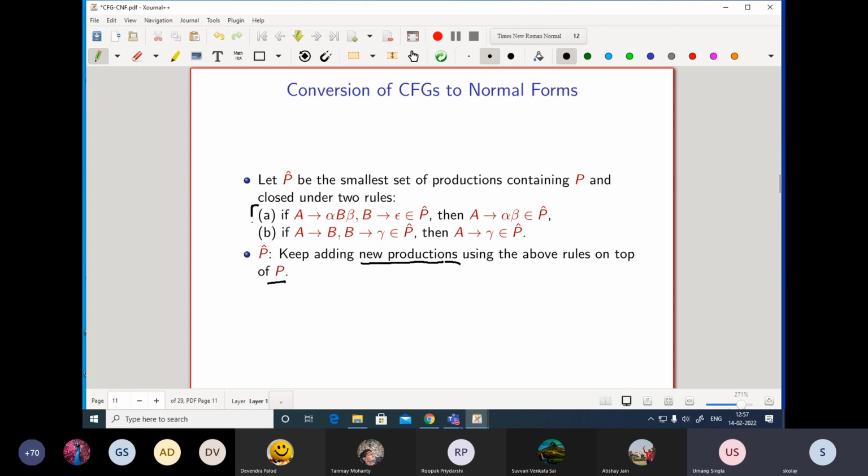Can someone tell me whether this is an algorithm that stops or not? P is a set of finite productions. Is P hat also going to be a set of finite productions, or can we just keep adding such things?